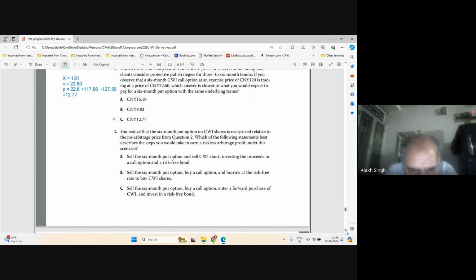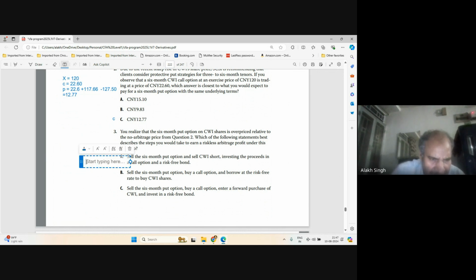Sell the 6-month put option and sell CWA short, investing the proceeds. A looks the correct one. The other option says borrow, but no need to borrow because selling short means we are getting money. Buy a call option, enter a forward. No need of a forward here.